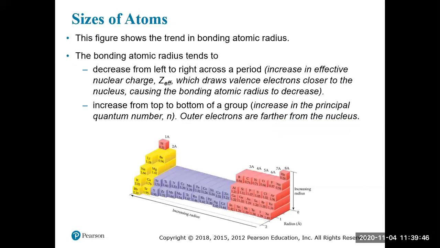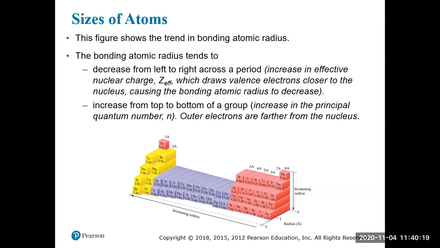And so what we see is that the bonding atomic radius in general decreases as we go from left to right across a period. So in other words, if we started with potassium and then calcium and then went on down all the way over to arsenic, selenium, bromine, we see that it is decreasing.